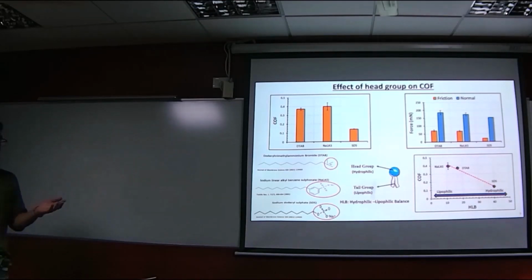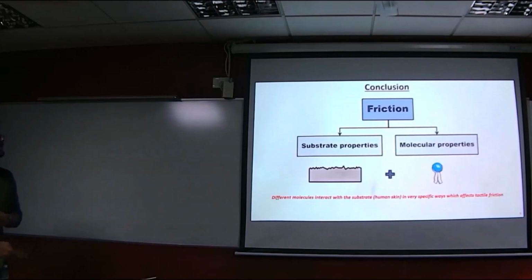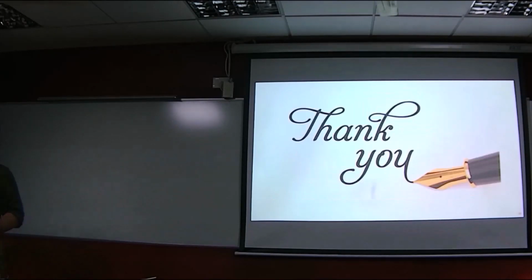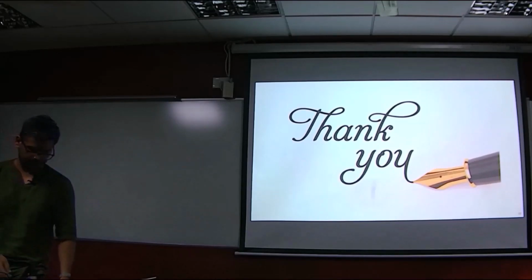We would like to take this study further. In conclusion, I would just like to say that friction in my particular case is a function of both the substrate properties, which was roughness, which I didn't highlight in particular in this case, as well as the molecular properties, and anything that affects the interface should affect friction. That's all.